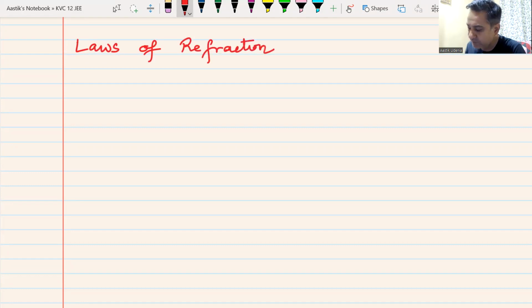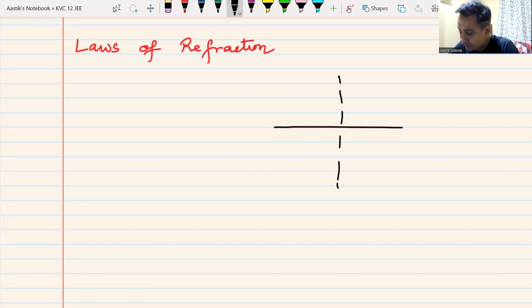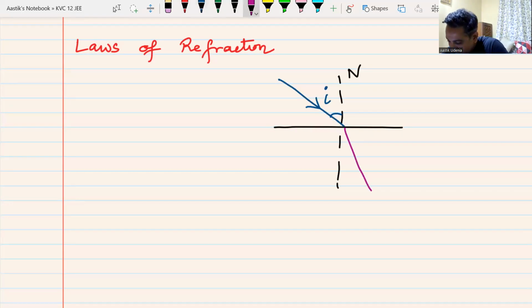And to understand the laws of refraction, what we do, we draw the boundary between two mediums, then this is the normal. Then the incident ray. Angle of incidence is i. Then the refracted ray. Instead of using R, I'm using T, because R has been used for reflection. So it's better not to use R. If you want, you can use R. But for me, R may create trouble. That's why I'm using T.